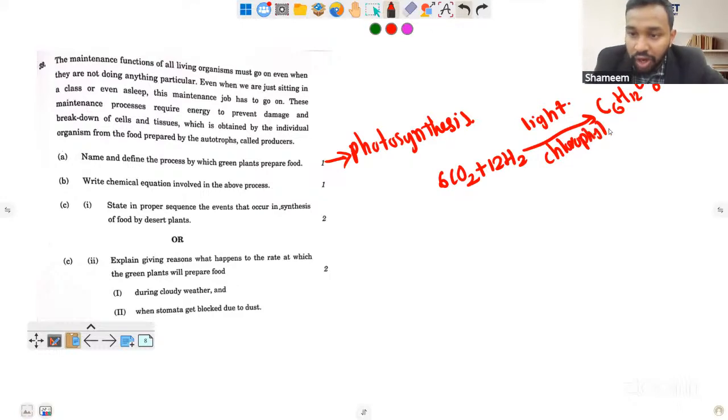This equation you can write, and you can write the definition like this: the process in which plant prepares food by using carbon dioxide and water in presence of sunlight and chlorophyll.